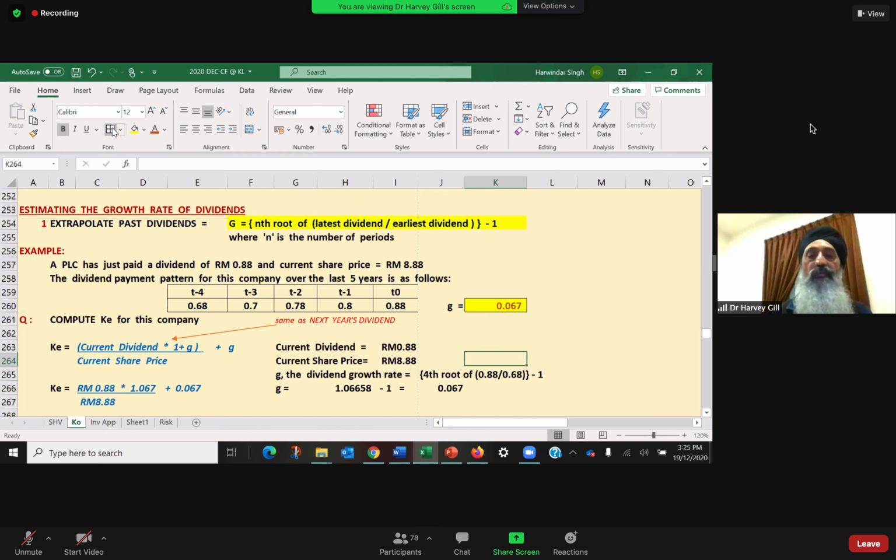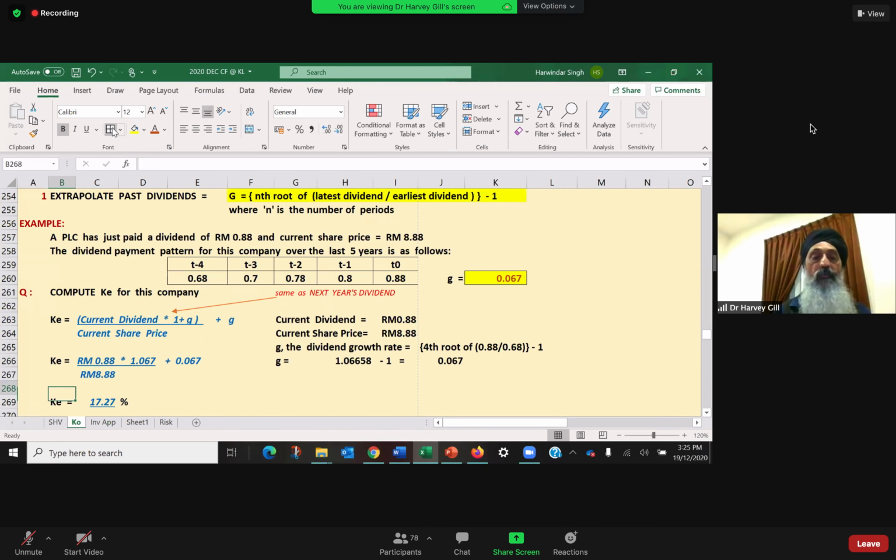Okay. So now we just want to substitute these values into the formula. The base formula I told you is next year's dividend divided by current share price. In this example of mine, I have only put in the current dividend, not next year's dividend, which means to get next year's dividend, I'll take current dividend, 88 cents, and multiply it by 1 year of growth.